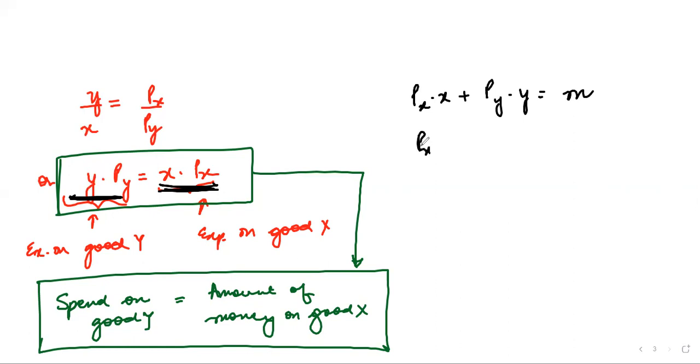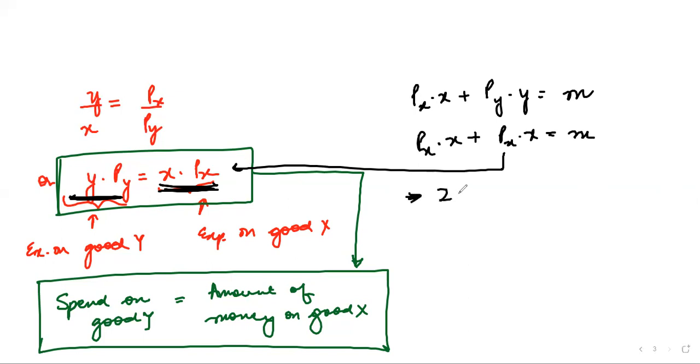So Px into X plus Px into X is equal to M. This is coming from this equilibrium condition. This is going to give me 2 Px into X is equal to M, or my equilibrium X star will be M by 2Px.